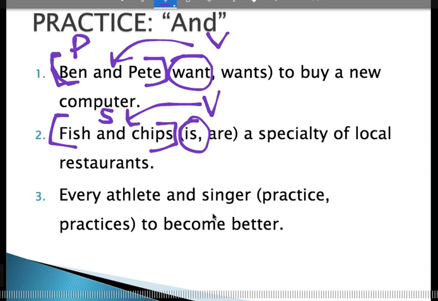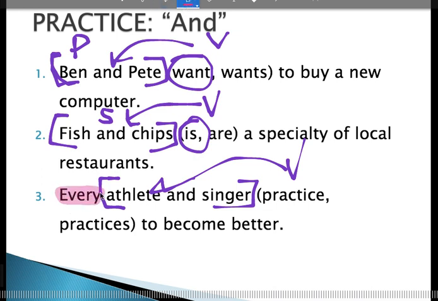Finally, every athlete and singer practice or practices to become better. So obviously our verb, our action, is practice or practices. Who or what is doing this action? Well, athlete and singer has the word and, so it makes it sound like it is a plural compound subject. However, we need to note this very special word, every.